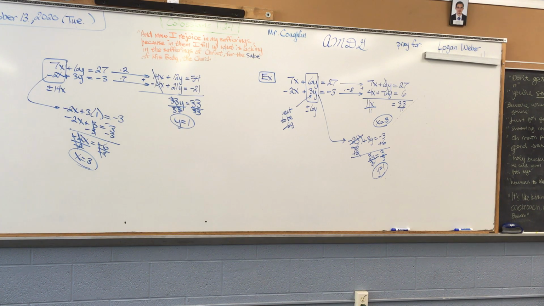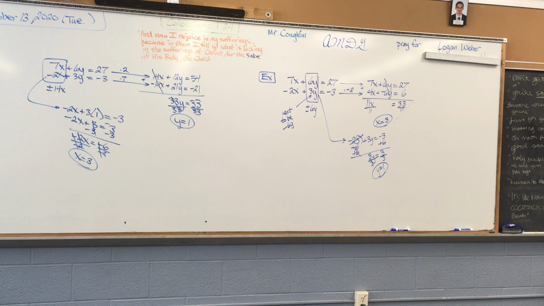To solve the system, they leave it up to whatever method you want to use. You could use graphing, I would not suggest it. You could use substitution, which is easy if you get a variable by itself. Look at number 1. That's relatively easy to get x by itself or y by itself.